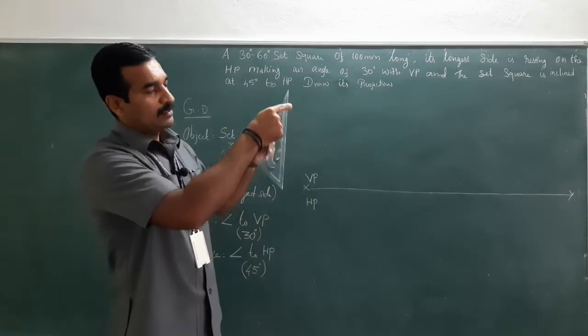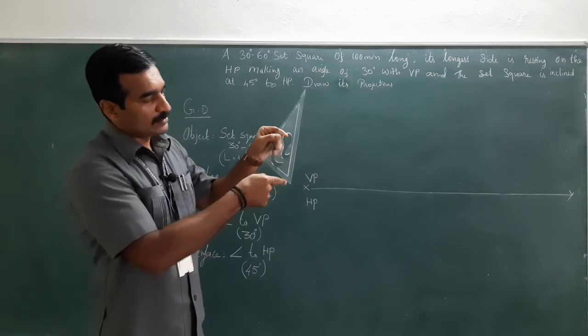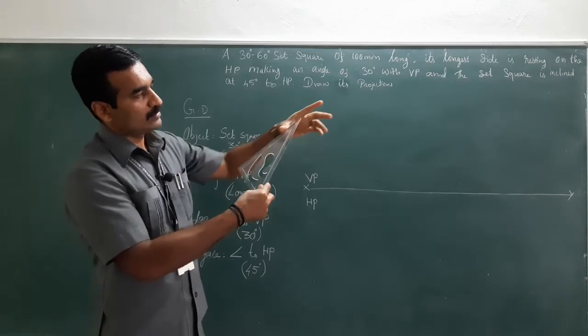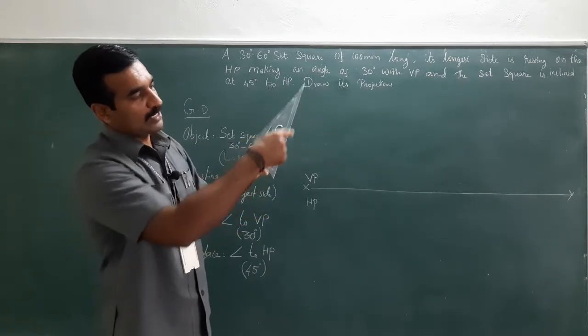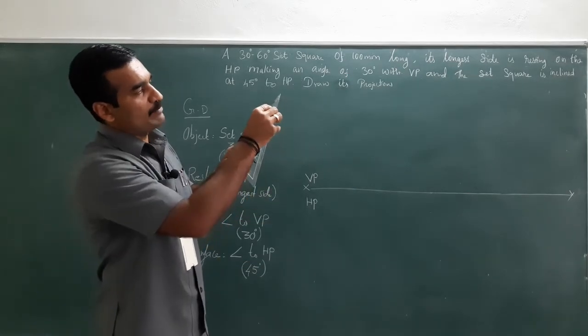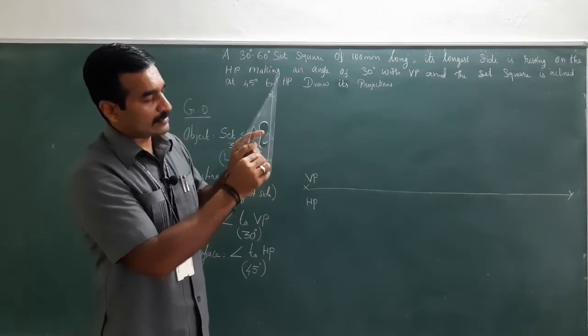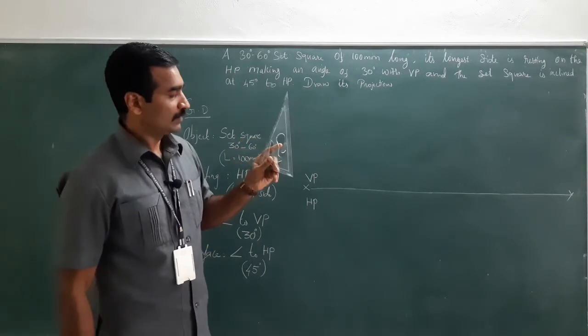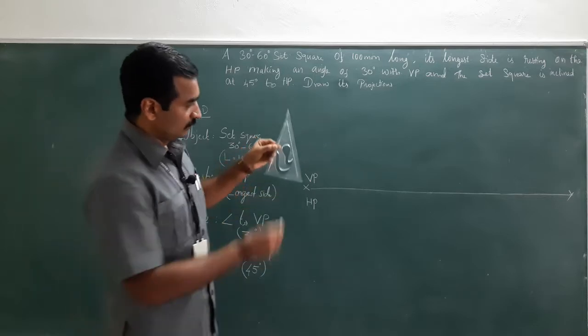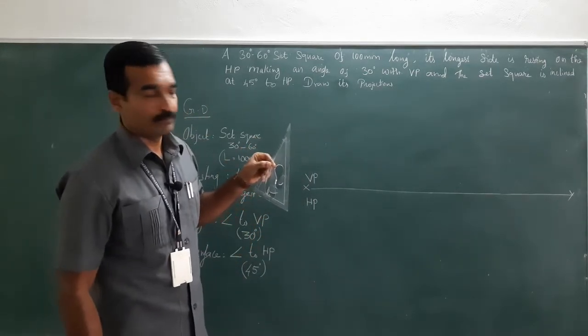This is the longest side. Look at here. This is the shortest side, right? And this is the longest side. Look at this one. This angle makes 30 degree, and this angle makes 60 degree, right? This is 60 and this is 30 degree.